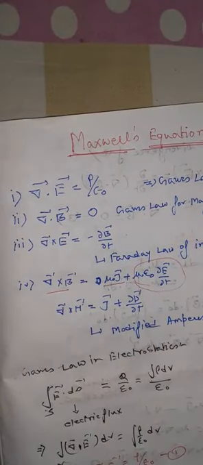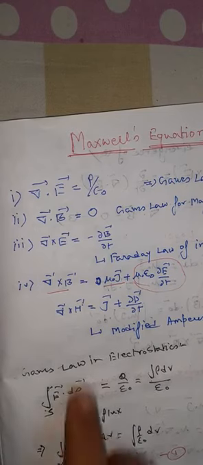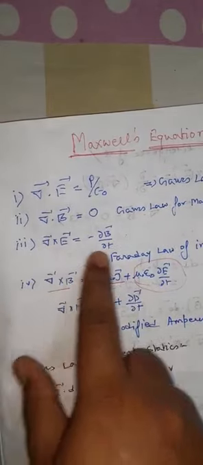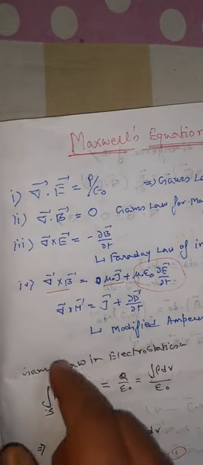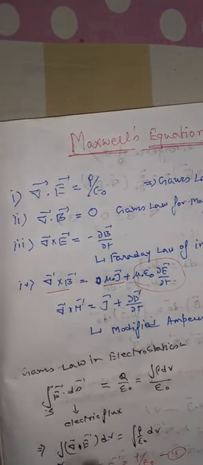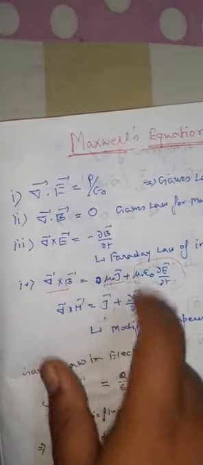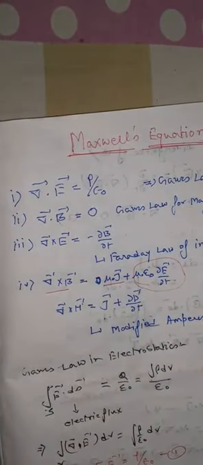If the magnetic flux changes, then an induced EMF is generated. So if you have a changing magnetic field, you can have electricity. Maxwell's third equation signifies that the electromotive force, the EMF, around a closed path is equal to the negative of the rate of change of the magnetic flux. Clear? So a changing magnetic field gives you an electric field.